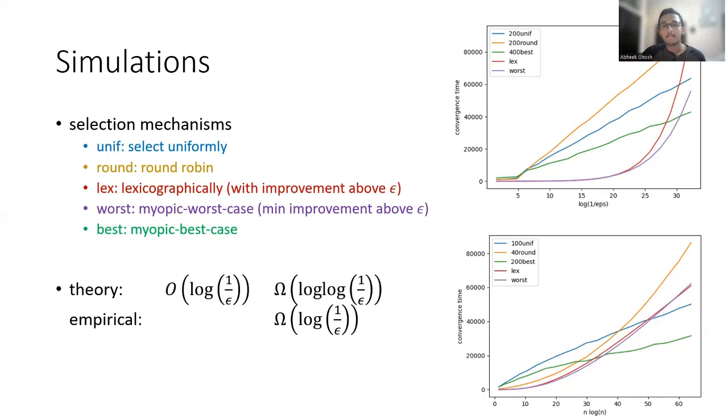We can see that when we are selecting the agents uniformly at random, which is denoted by the blue color, our dependency on epsilon is proportional to log(1/epsilon), which is as per our upper bound. So our upper bound has a dependency of log(1/epsilon) for convergence time. But on the other hand, our lower bound is weaker, which shows us that we might expect to improve our lower bound to a log(1/epsilon) lower bound, as we see empirically. The bottom plot is with respect to the number of agents, and we see that our analysis is tight.